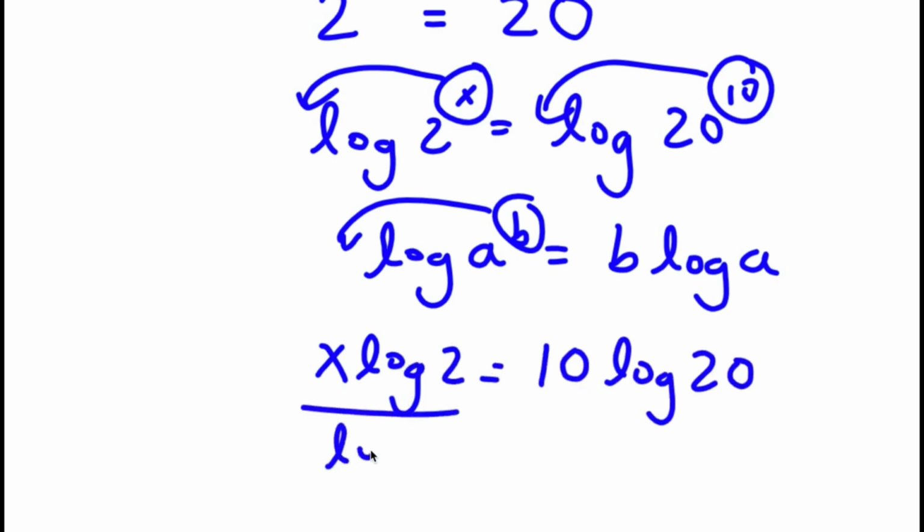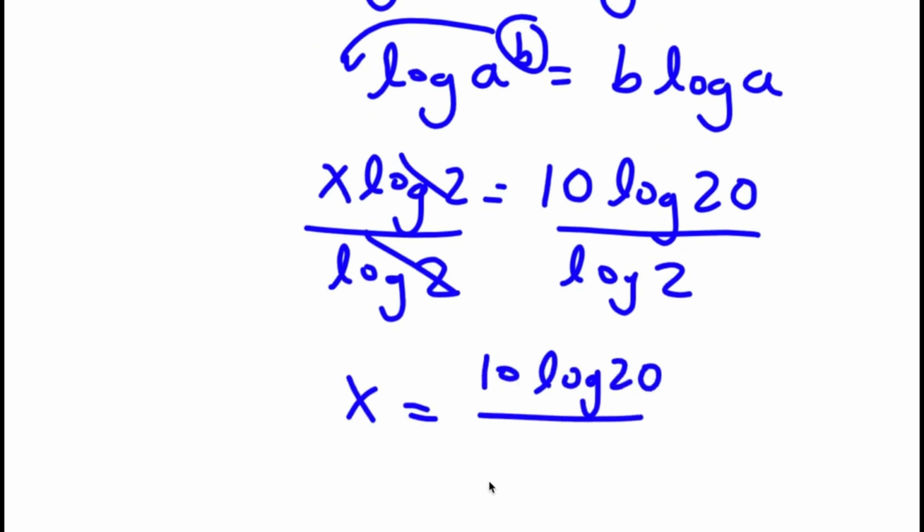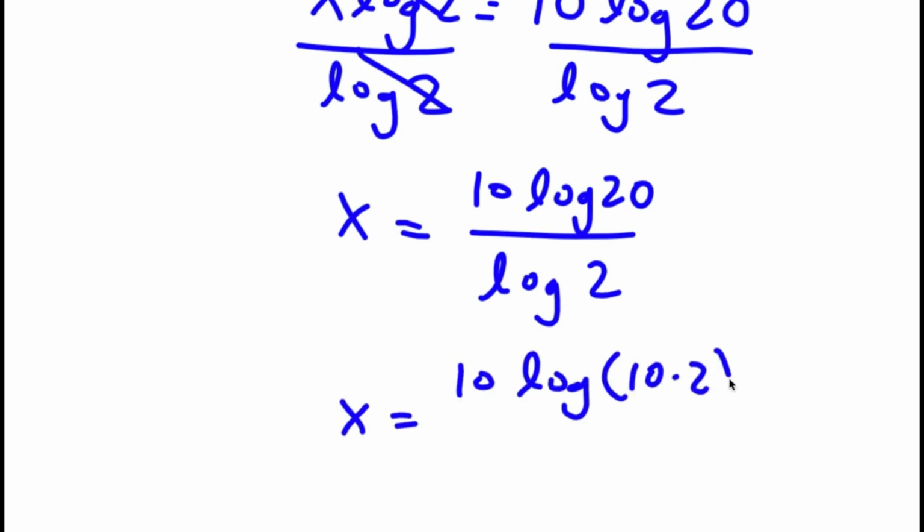Now, if I divide both sides by log 2, these two cancel out, and now I'm left with x is equal to 10 times log 20 over log 2. Now log 20, I'm going to rewrite that as log (10 times 2).